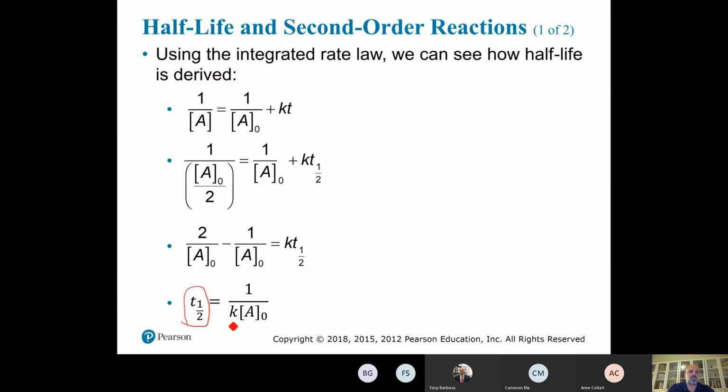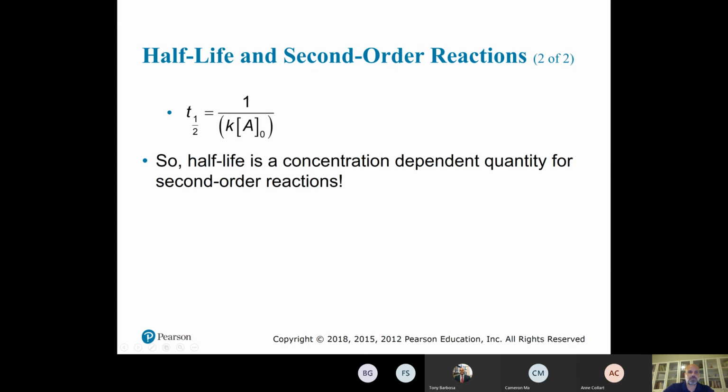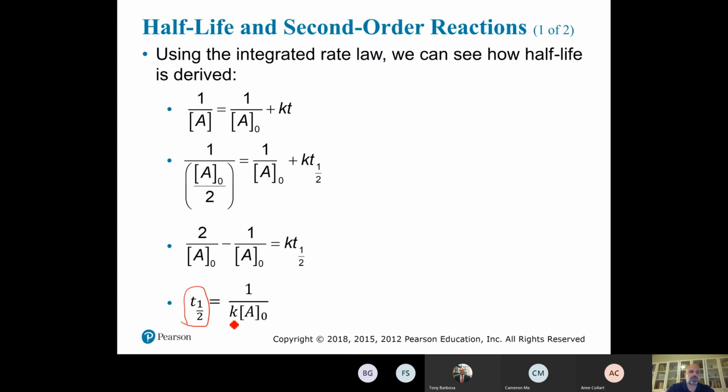The second order T half is dependent not only on the rate constant, but also on the initial concentration of A. So you can calculate back and forth. In this equation you'd have to be given a rate constant and an initial concentration in order to calculate T half.